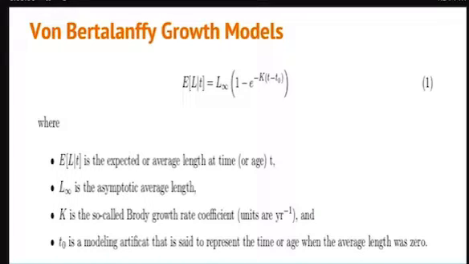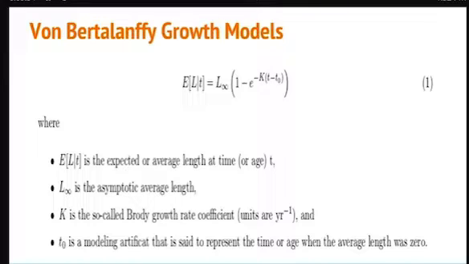I'm going to show you the mathematical architecture of the model now. That's what I'm showing in equation 1. When you take a look at this, I'm going to call it a nonlinear mean function. You remember when we were working with a multiple or simple linear regression model, we always had what we call a mean function, which is the expected value of the response variable given the predictor.